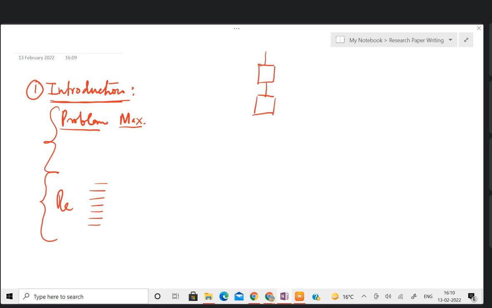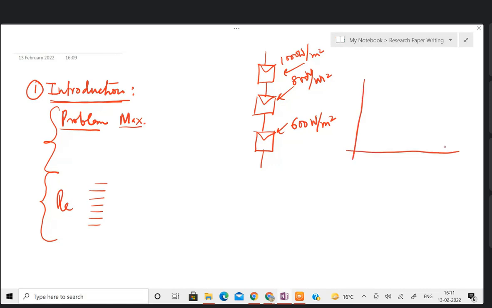It is even more complex when there are multiple panels connected in series that receive different insolation, say 1000 watt per meter square, 800 watt per meter square, and 600 watt per meter square. Then we have to add diodes in parallel to these panels to avoid a problem called hotspot.